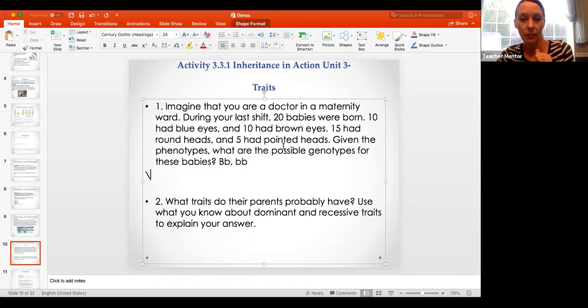Let's see, and then we had 15 had round heads and 5 had pointed heads. So we'll use the letter R. So again, I'm talking about these letters. They don't mean anything. They're just letters to visualize what we're talking about with these alleles. Just based off these numbers, which one do you think is dominant, round or pointed?